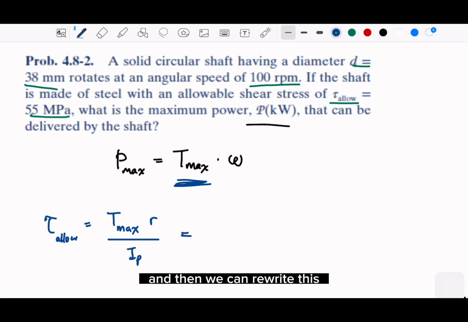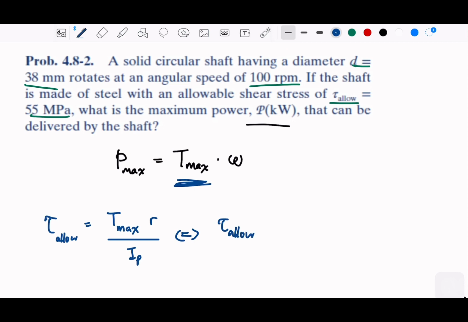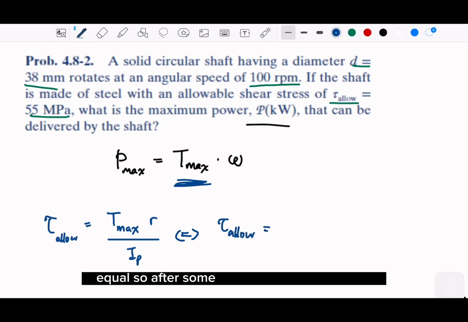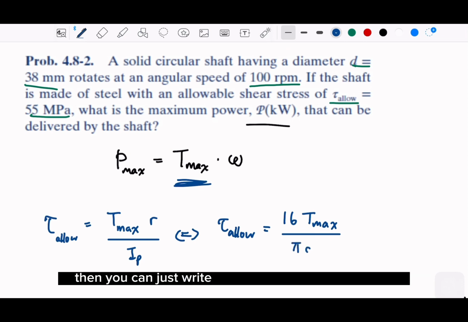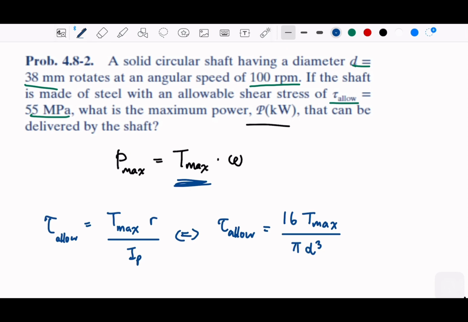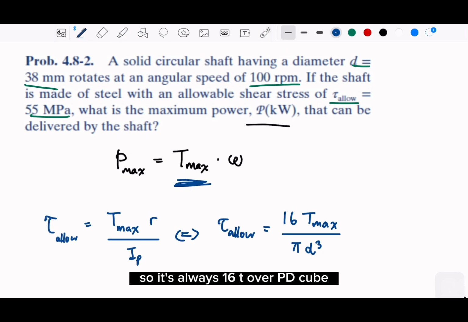And then we can rewrite this and make tau equal. After some simplifications, this is 16 T, and as I mentioned, this is also very important. If you want to make it helpful, then you can write this in terms of diameter, so it's always 16 T over pi D cubed. Okay. If you want to write directly, you can write this.